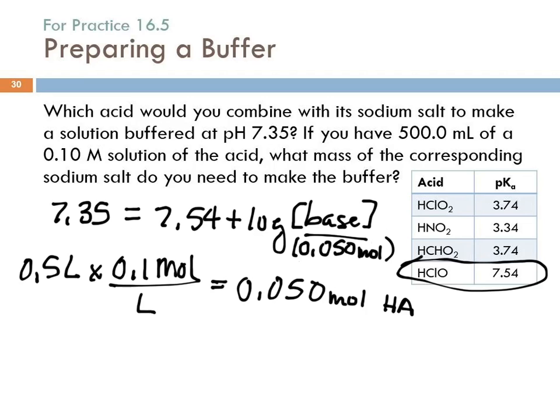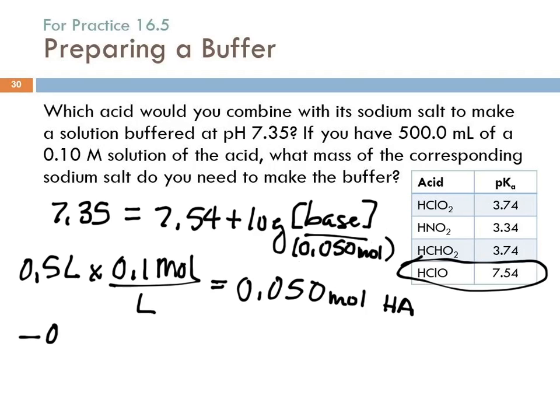Well, we're going to take the 7.54 and subtract it from this side. So we're going to get a negative number over there, but that's okay. 7.35 minus 7.54.